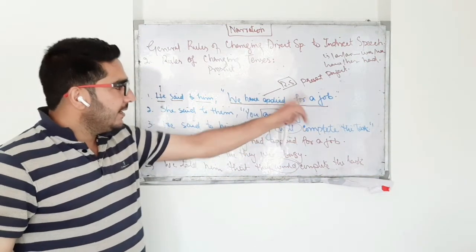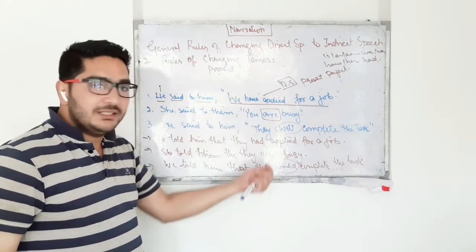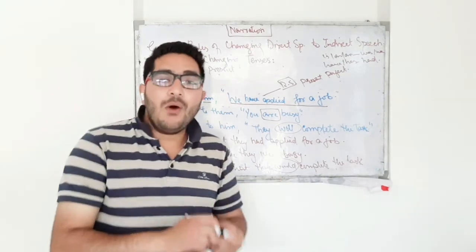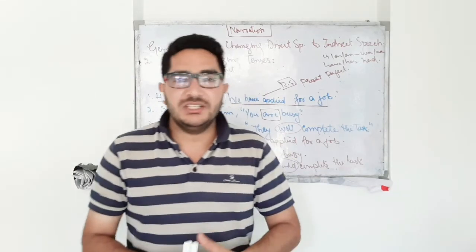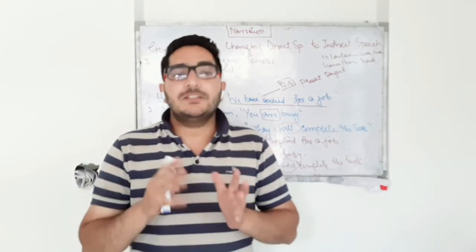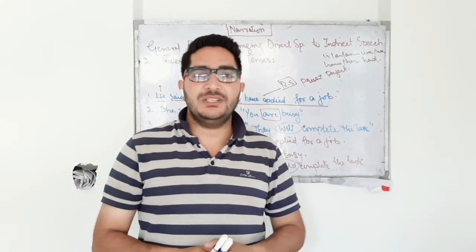In the first sentence the tense is changed, in another sentence the verb form is changed, and in the third sentence the auxiliary is changed. So this is how different verb forms and tenses are changed as far as the transformation of direct speech into indirect speech is concerned.